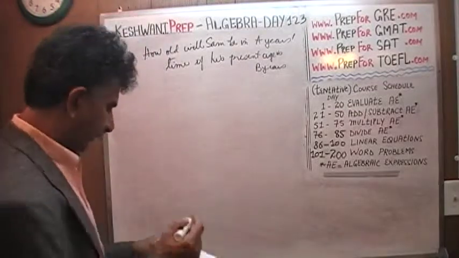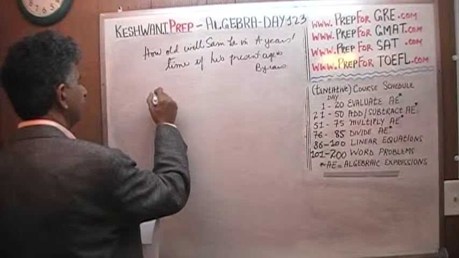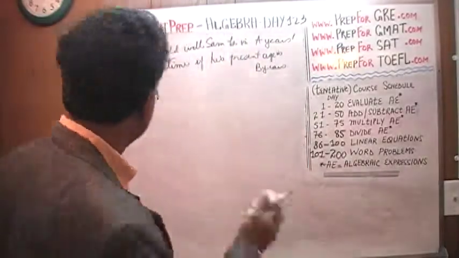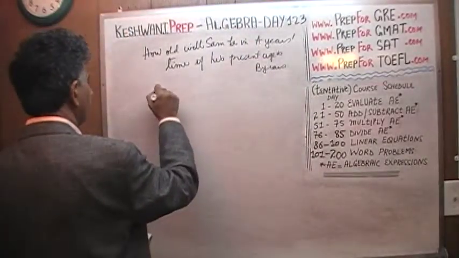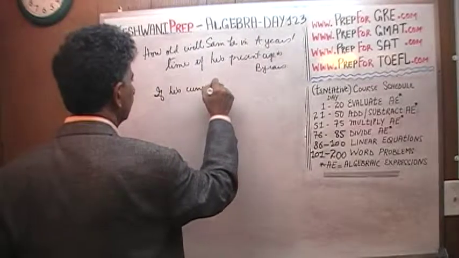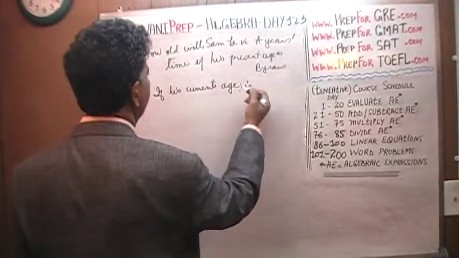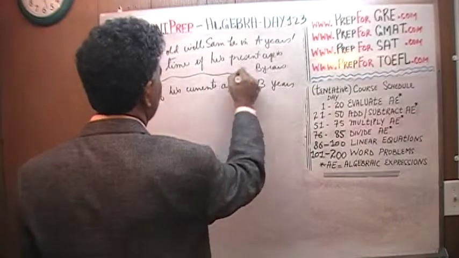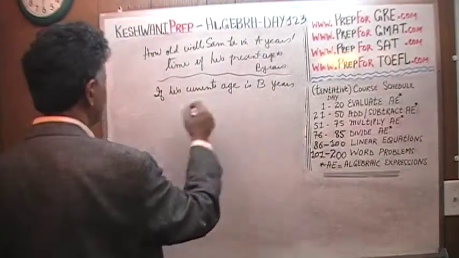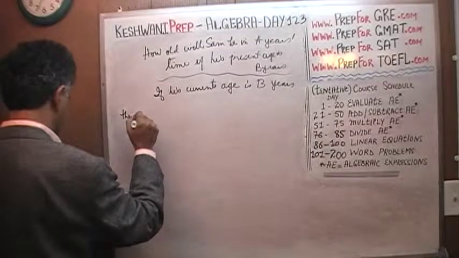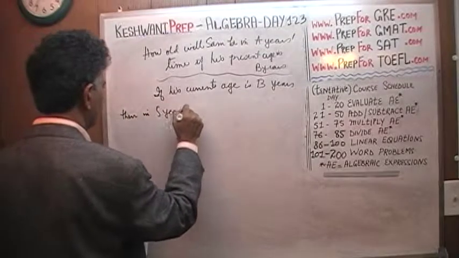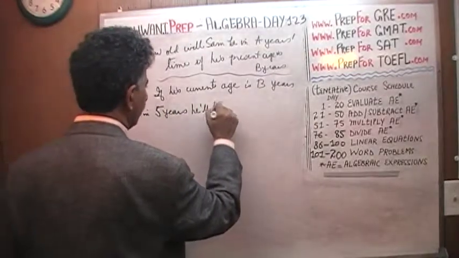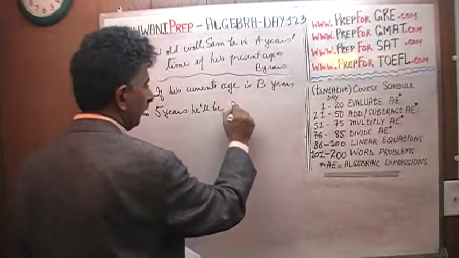For example, if his current age is B years, then in 5 years he will be whatever the quantity B is plus 5.